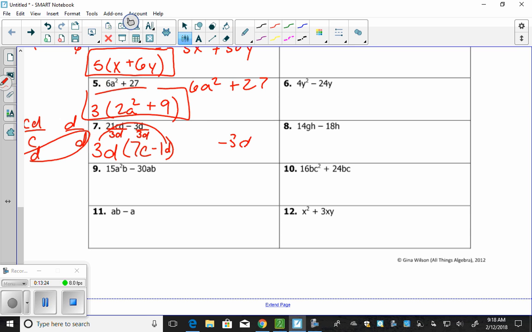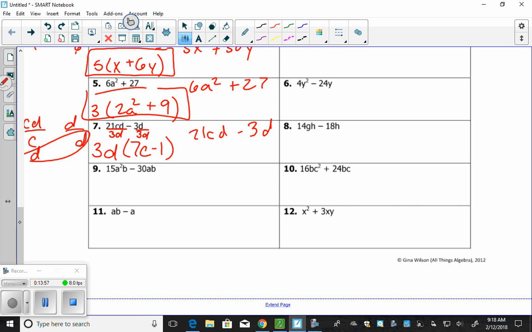Negative 3D squared, correct? Is that what we wanted? No. So I have to put negative 1. And I just said don't write it. All right, check it. 3 times 7 is 21CD minus 3D. Is that what we had? Good to go.